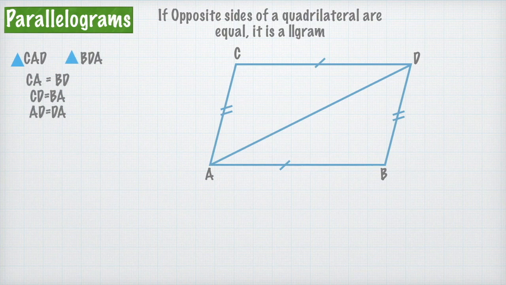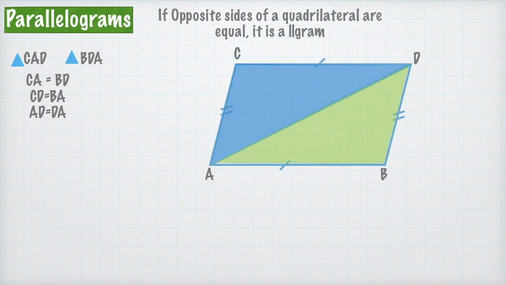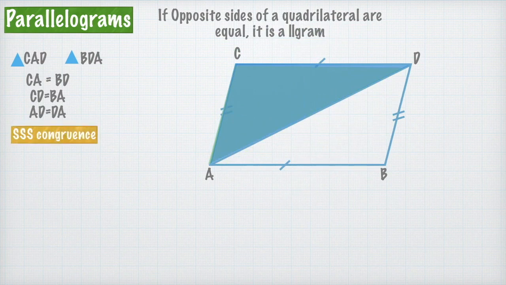Not only that, if I take AD as a third common side to both the triangles, I see three sides are equal. When three sides of two triangles are equal, they are congruent. And now we are using SSS congruence. Again, a very basic idea if you have gone through congruence. So using SSS congruence, I know triangle CAD is congruent to triangle BDA.